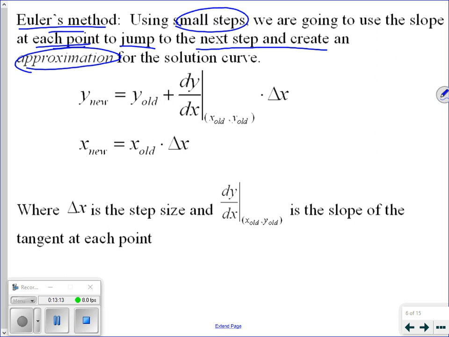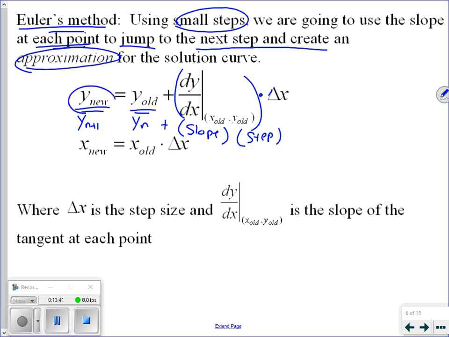I call the new one n plus 1, but you take your old function and add the slope at your current spot multiplied by your step. So I call this y n plus 1, I call this y n plus your slope times your step.